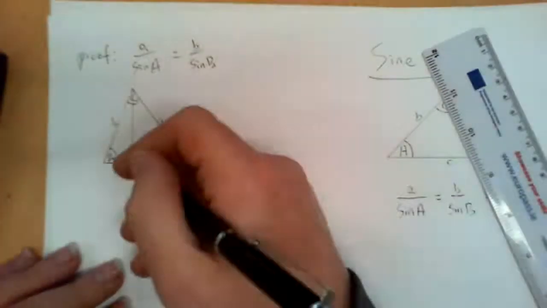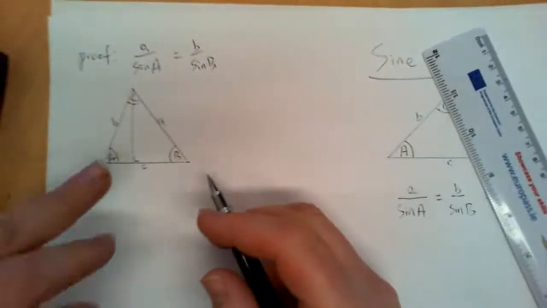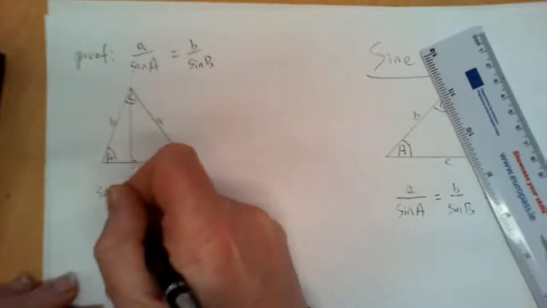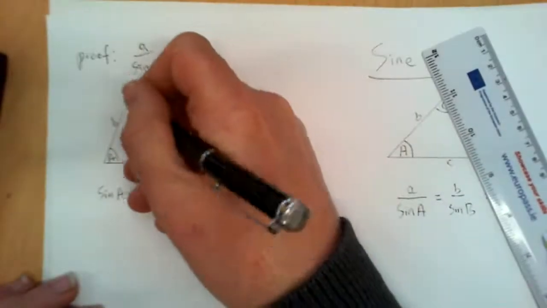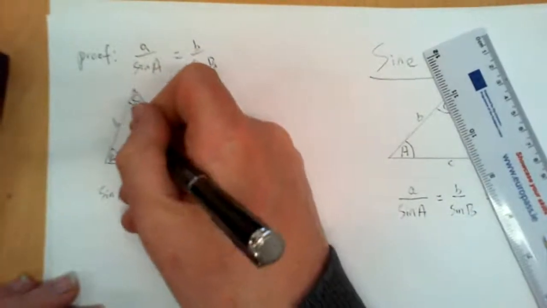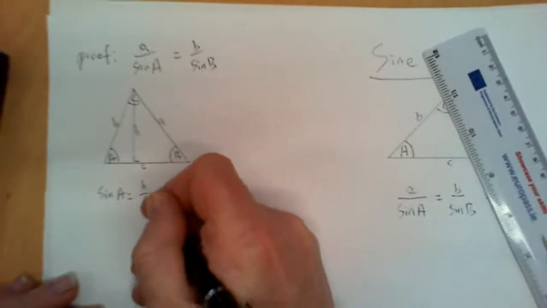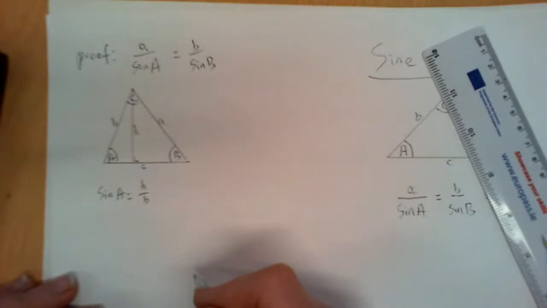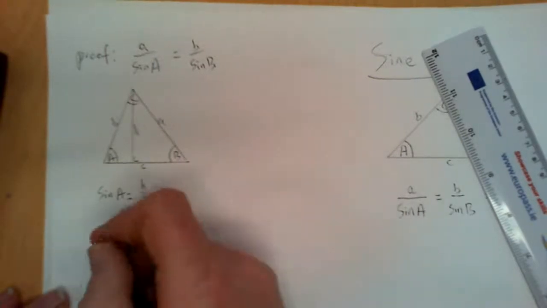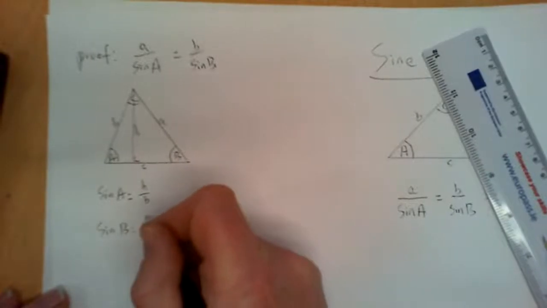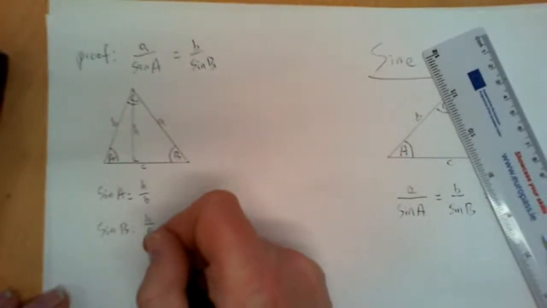Just drop a perpendicular down. And now would it be true to say that sine of A is equal to this line, we'll call it h, over b? Would that not be true? And would it also not be true to say that the sine of B is equal to h over a?